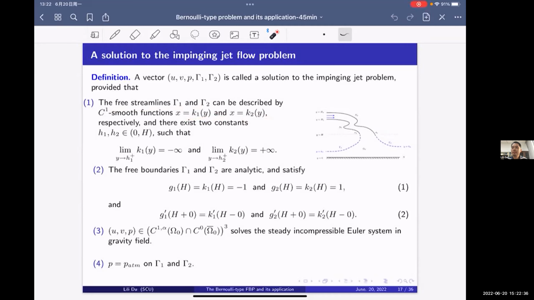Moreover, the free boundaries are flat in the far field, and the asymptotic heights are H1, H2, respectively.